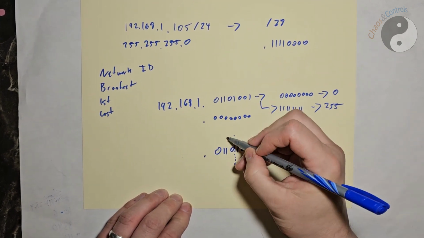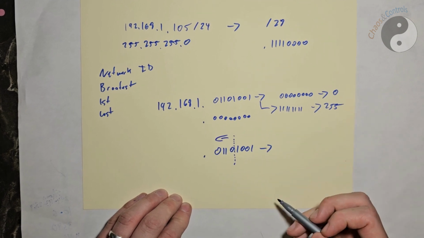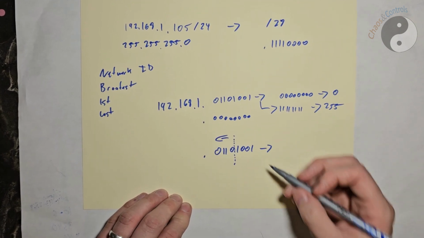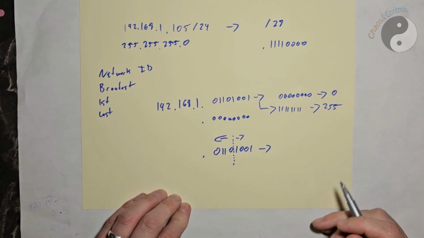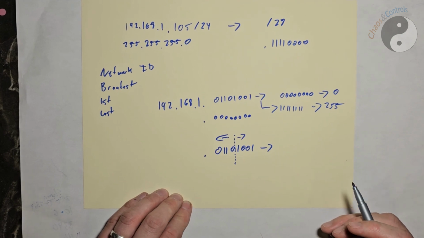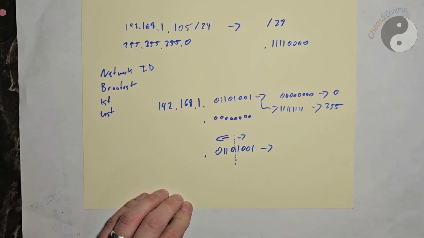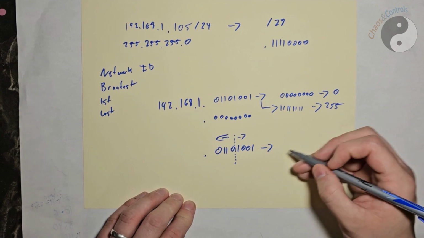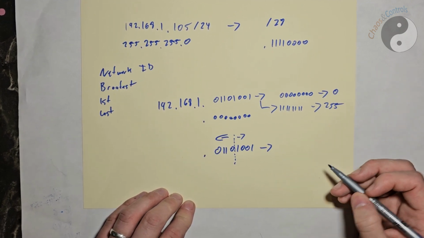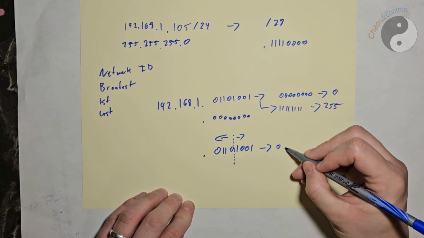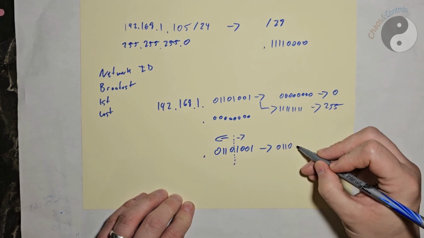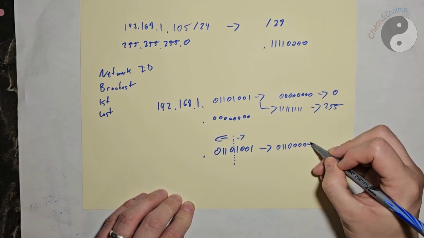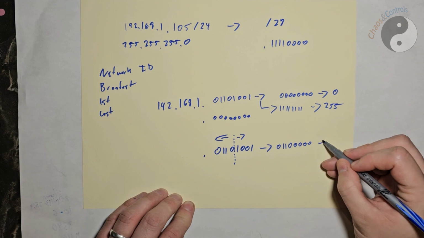Everything this way is the network, and the network remains fixed. Everything this way is the device IDs, and the device IDs can be changed individually. Now when I set everything to a 0, I end up with 0, 1, 1, 0, 0, 0, 0, 0.